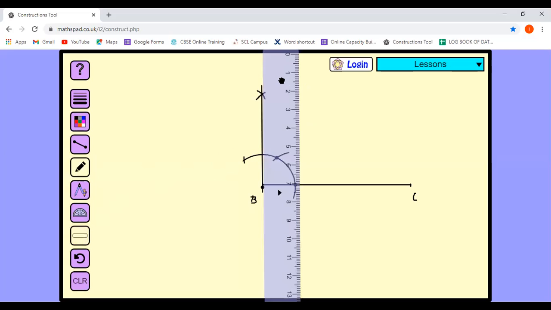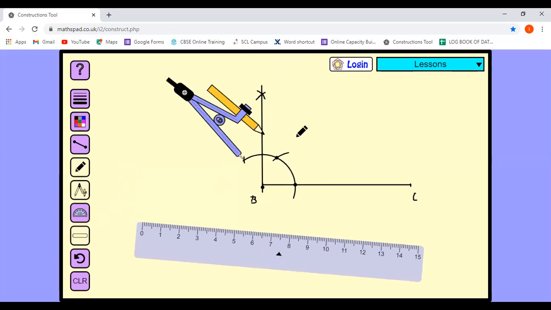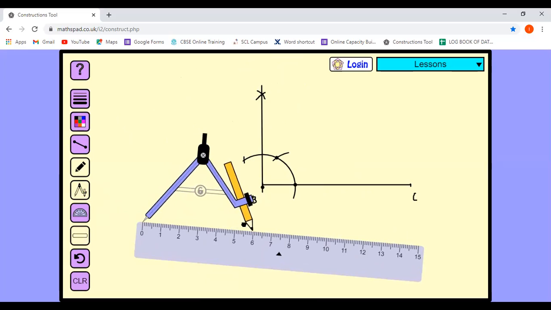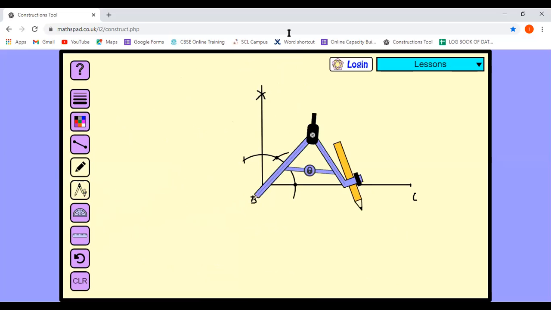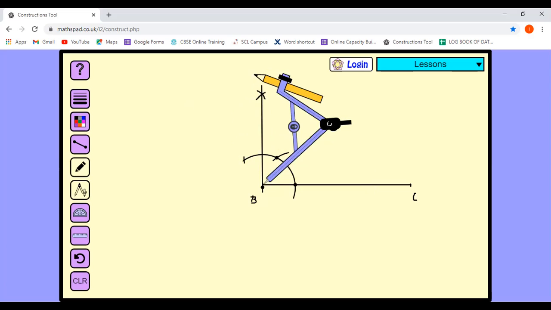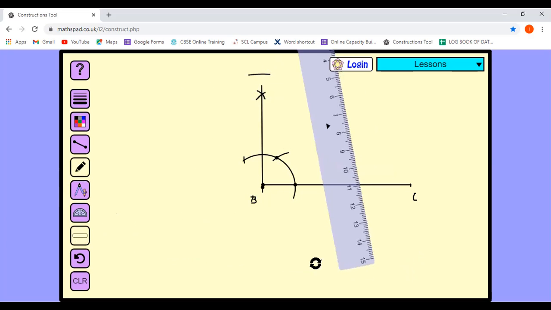So again, let us take the scale, mark 6 centimeter and cut the arc from B. So from B, we are going to cut the arc, which is A. We need to extend that previous 90 degree.